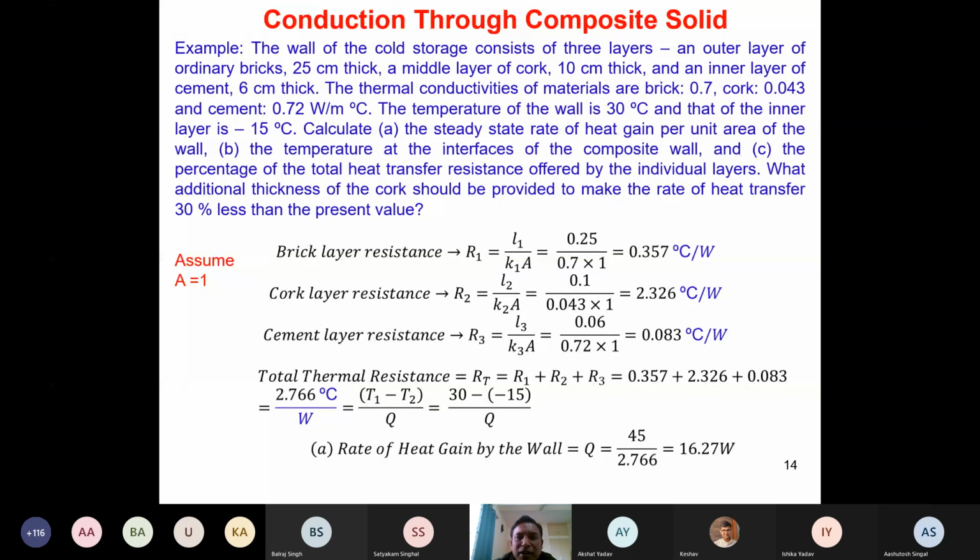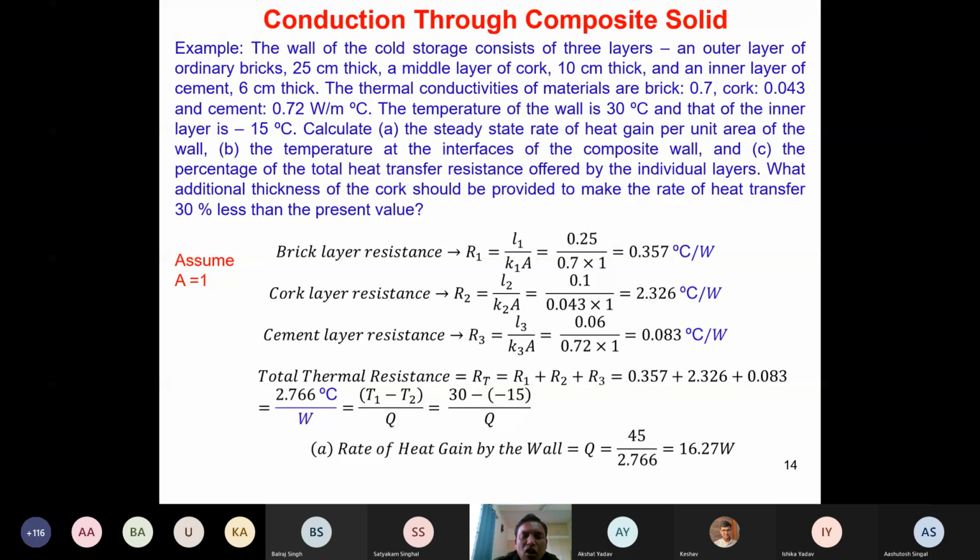Remember, per unit area is asked, the steady state rate of heat gain per unit area, so the area is assumed to be 1 meter square. So the resistance R1 is 0.25 divided by 0.7, which comes out to be 0.357 degrees Celsius per watt.